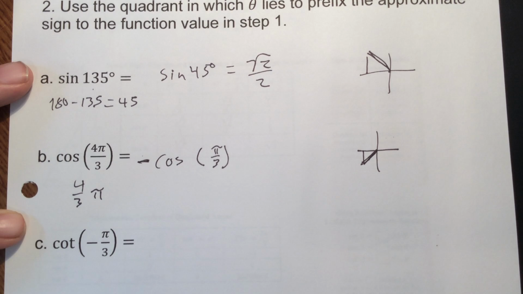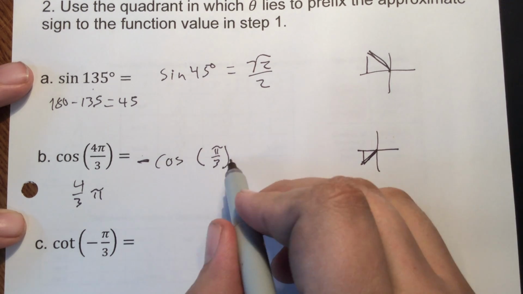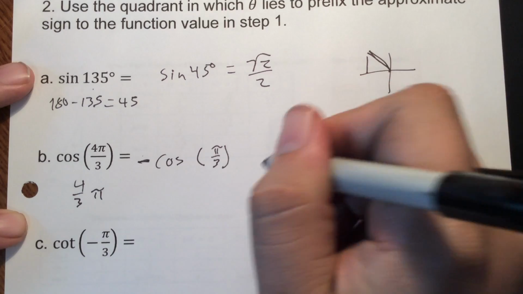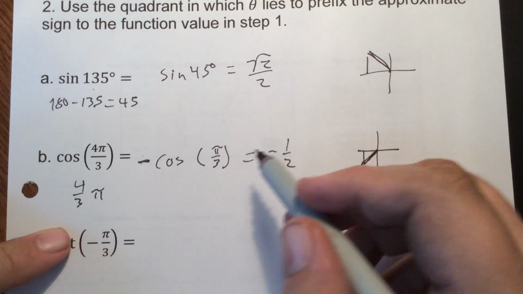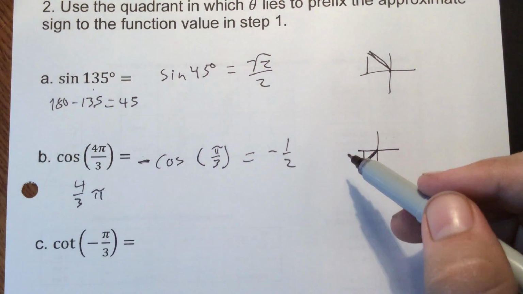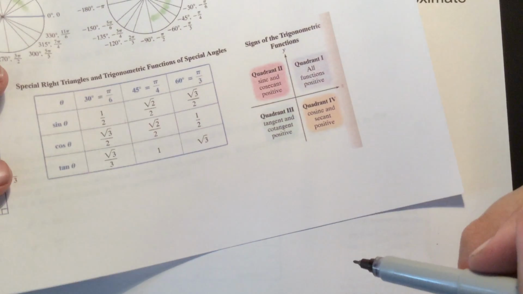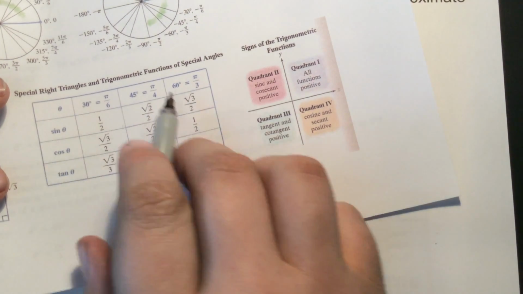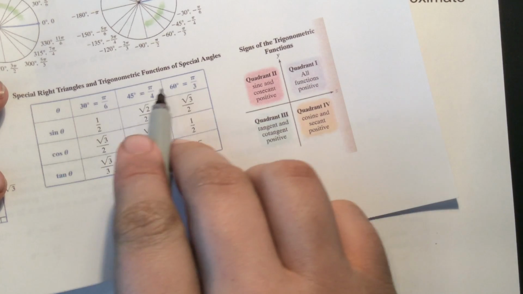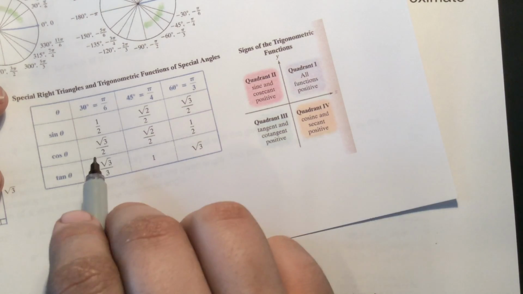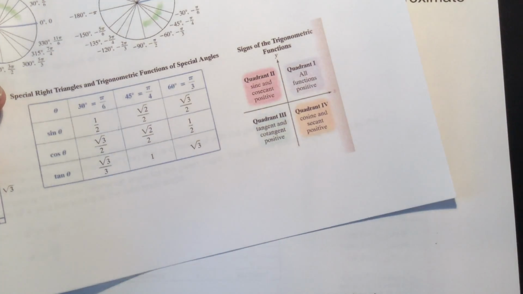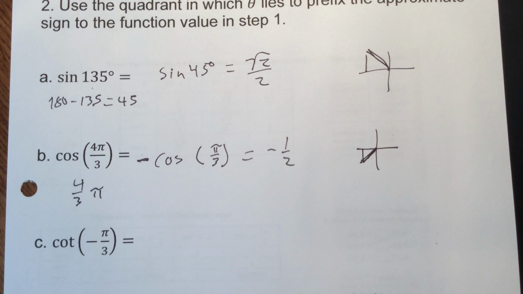So that'll make this whole thing negative. Now, cosine of pi over 3 is a half. Because it's negative out front, we're going to end up with a negative 1/2. Again, we're getting these values from previous lessons. We already went through and solved for those. At the end of the lesson too, besides this little handy dandy chart, I give you this here, which has these special angles, your 30, 45, 60, so pi over 6, pi over 4, and pi over 3, and what those are at each of these trig functions. So you can always look there too to help you out.